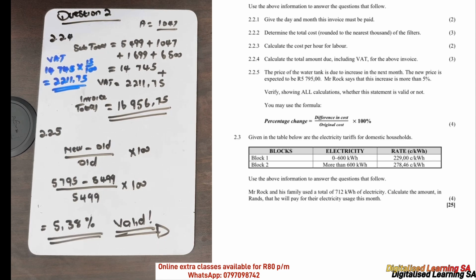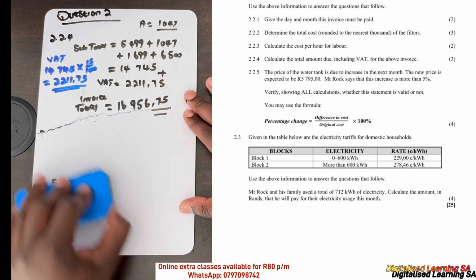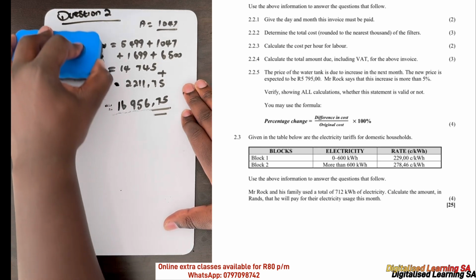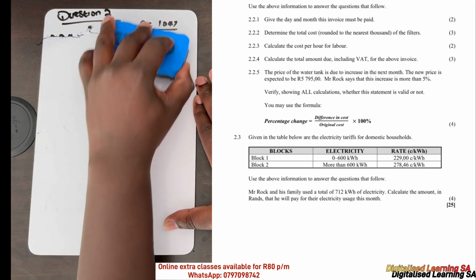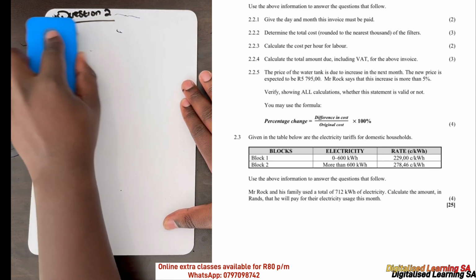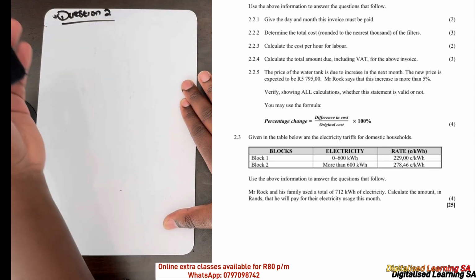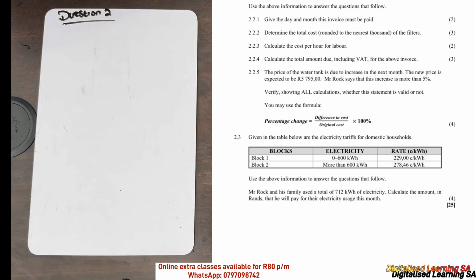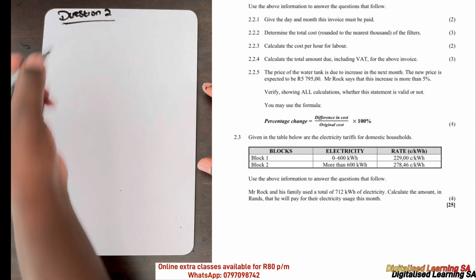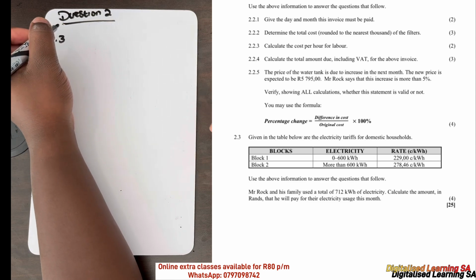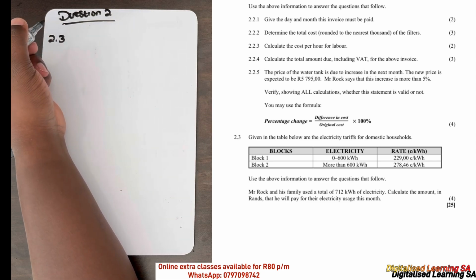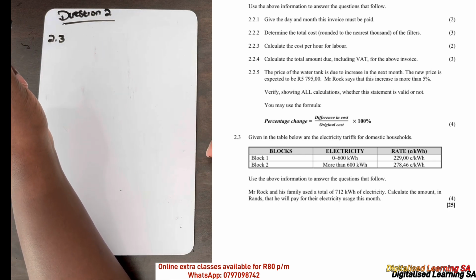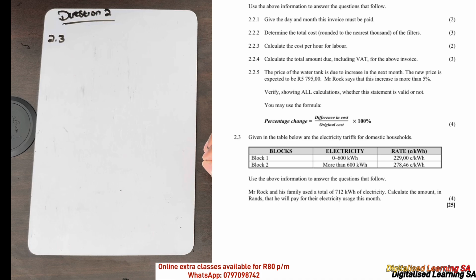Okay, so now let's move to our next question, which is question 2.3. So we will need a bit of space. Okay, so now we're moving to question 2.3, which I believe has to do with tariffs. So given in the table below are the electricity tariffs for domestic households.